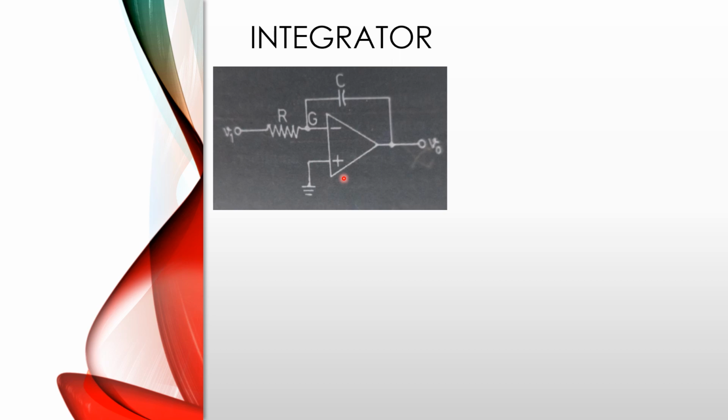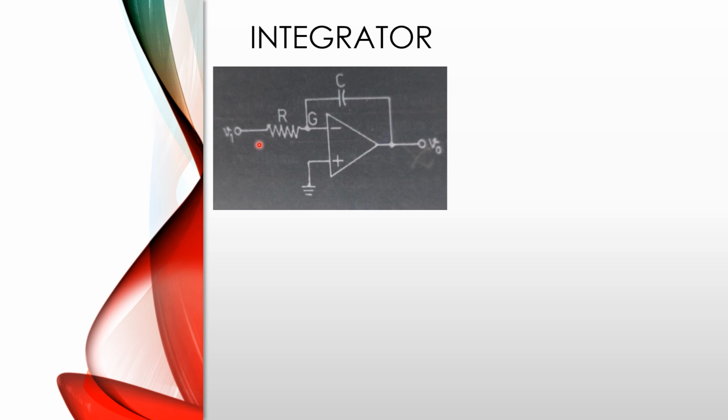That means between the output and the inverting terminal. G is the virtual ground point, and one end of the resistor is connected with the input applied voltage V1 and the other end of the resistor is connected with the inverting terminal of the op-amp.